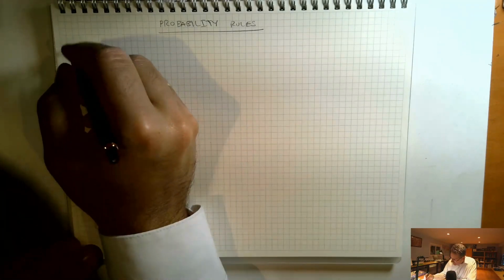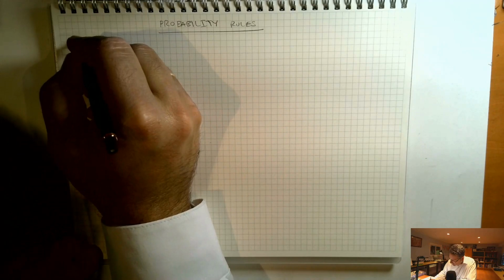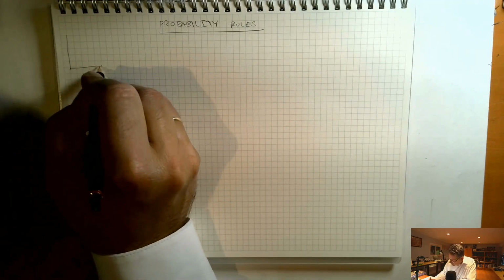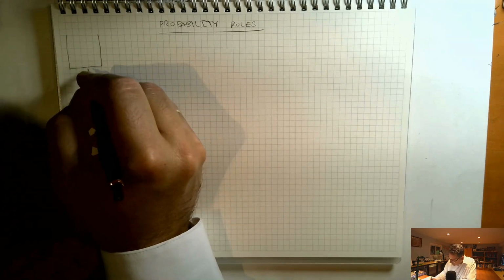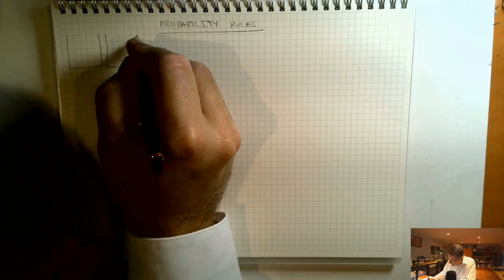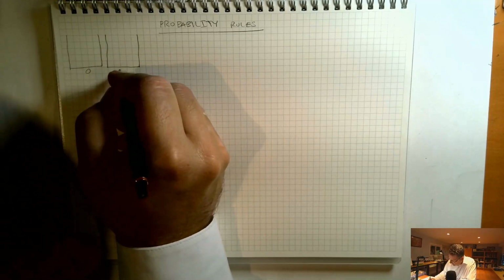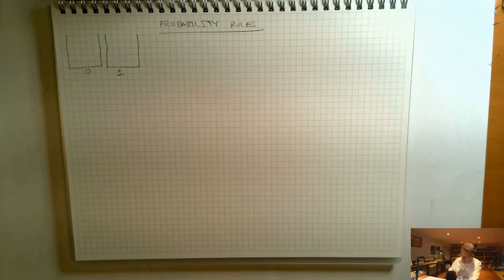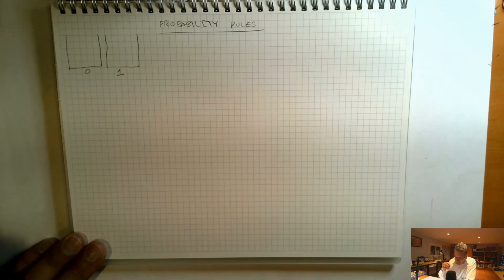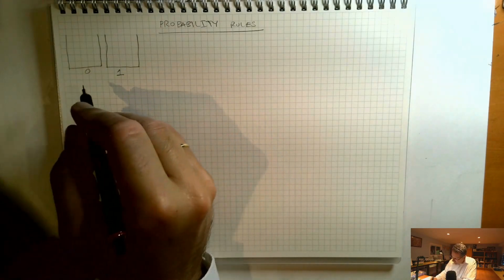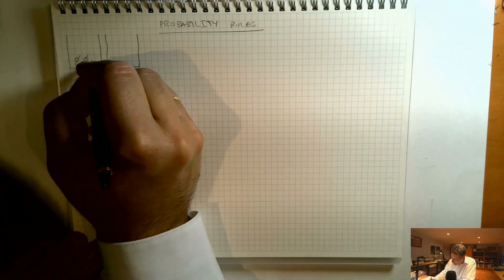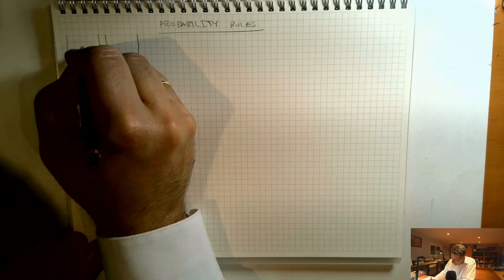So I have here in this experiment two urns or containers. This is container, let's say, 0, and container 1. I will be symbolizing these containers with the letter Y. These containers contain widgets of two types.